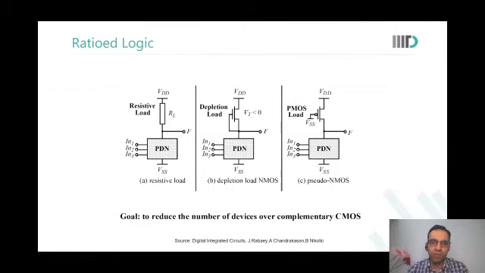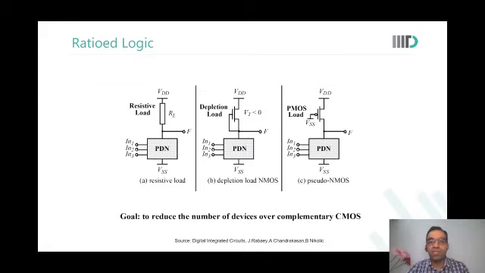And different types of designs were proposed, resistive loads. In technologies when PMOSs were not available, resistive loads or depletion loads were the only options. Once PMOSs started to become available, PMOS loads were used. But these PMOS loads were always on.